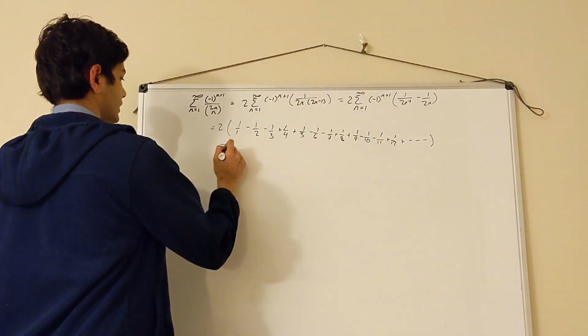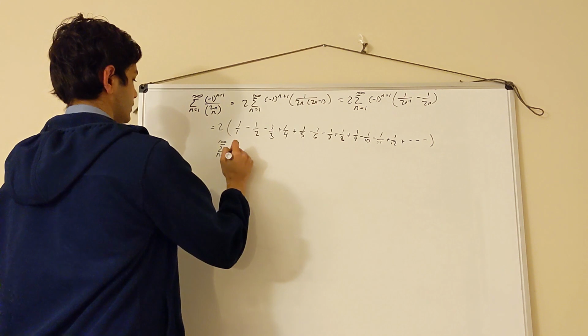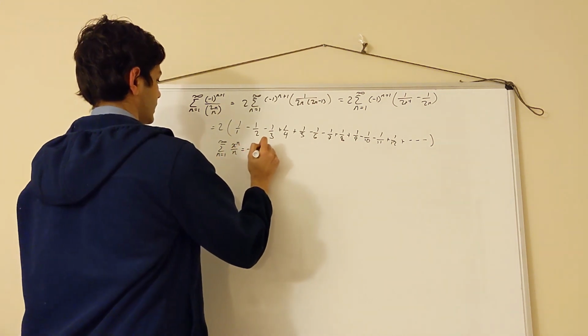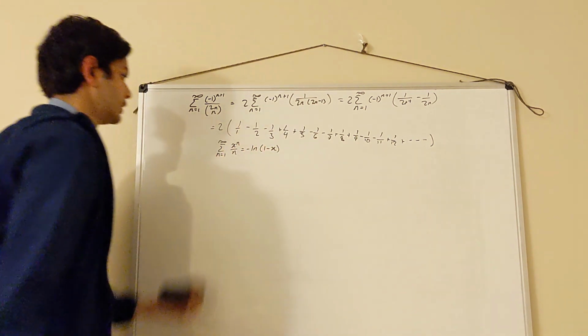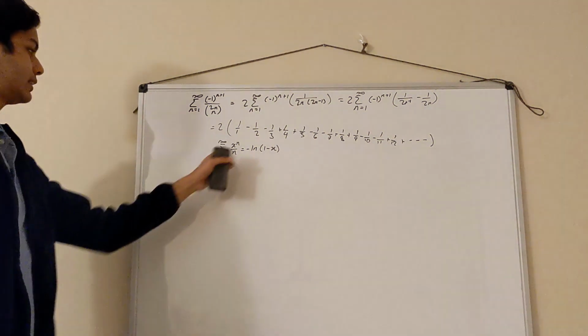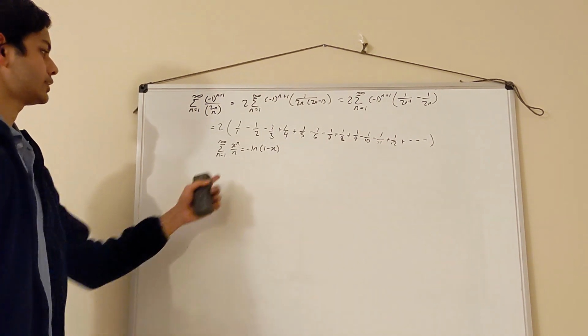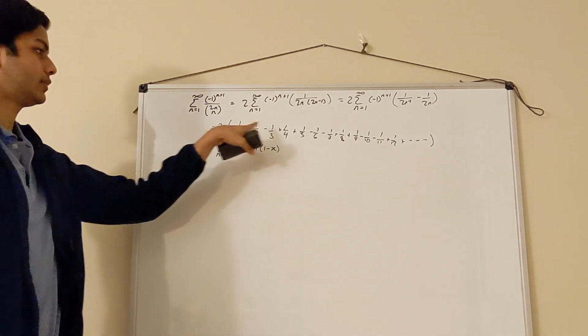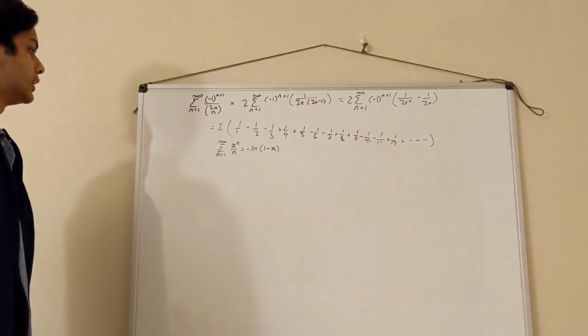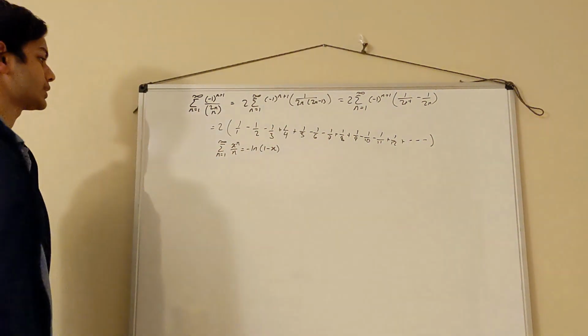So that is that the sum from n equals 1 to infinity of x^n over n is equal to negative ln(1 minus x). There are many different ways to write this series expansion, but this is one of the ways, and this is just convenient for what we're going to do later on. So if it was positive, negative, then what you can do is substitute x equals -1.